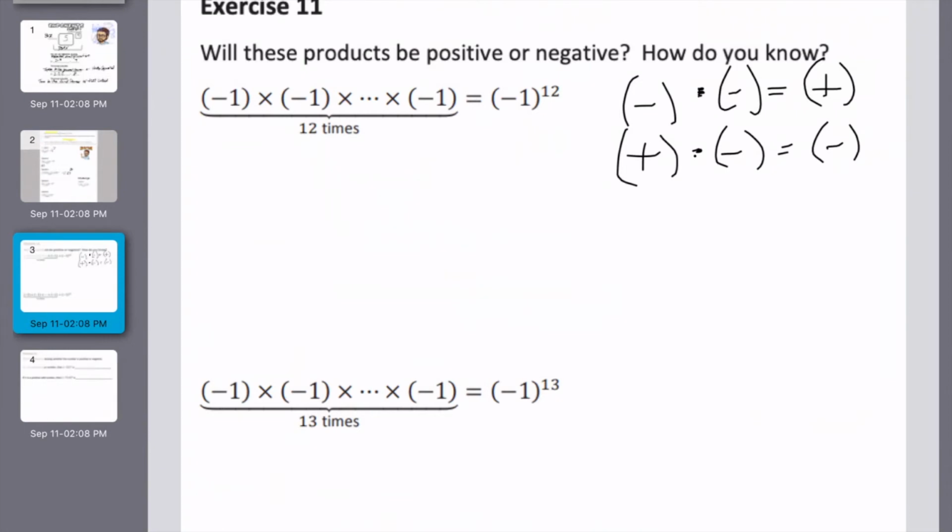So let's see. If I do negative 1 times negative 1, if I end up doing that 12 times, will I know that I have 6 pairs of negative 1 times negative 1?